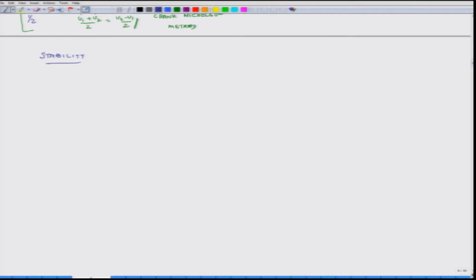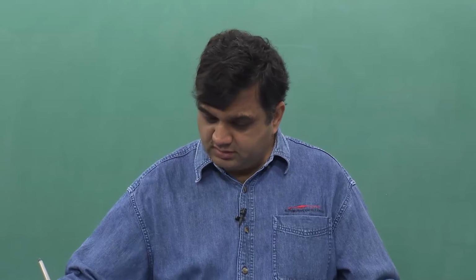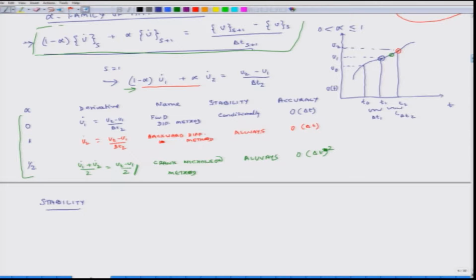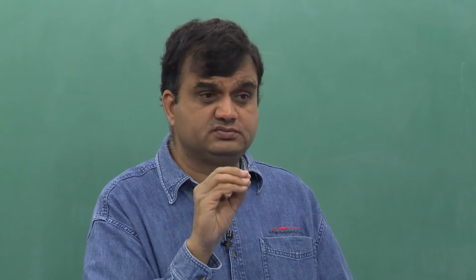When we are doing finite element analysis, we are approximating the time derivative. Remember these u2, u1 are not position coordinates, they are coordinates in time. So, we are approximating derivatives in time by differences in time.